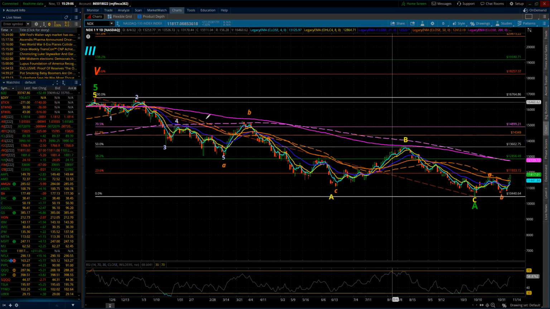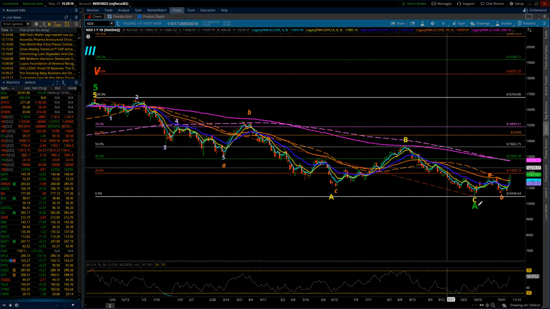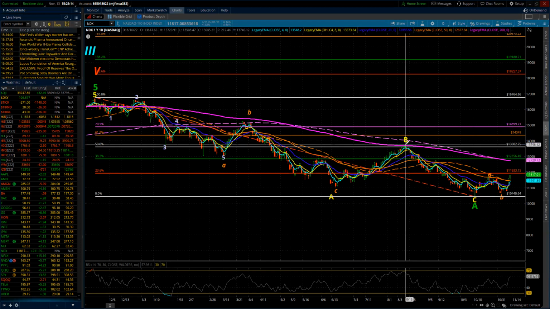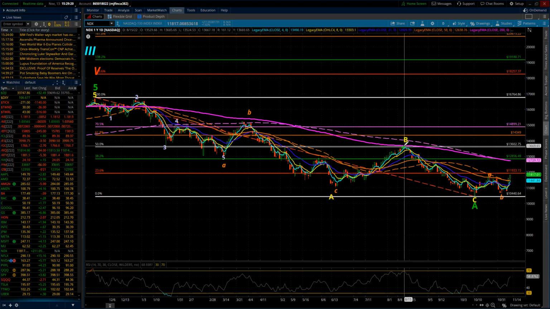Unfortunately, if this is intermediate wave 1, then this market needs to break above 13,007. I got to figure that one out. Where was it? 13,720, 721. That's in the cash market.